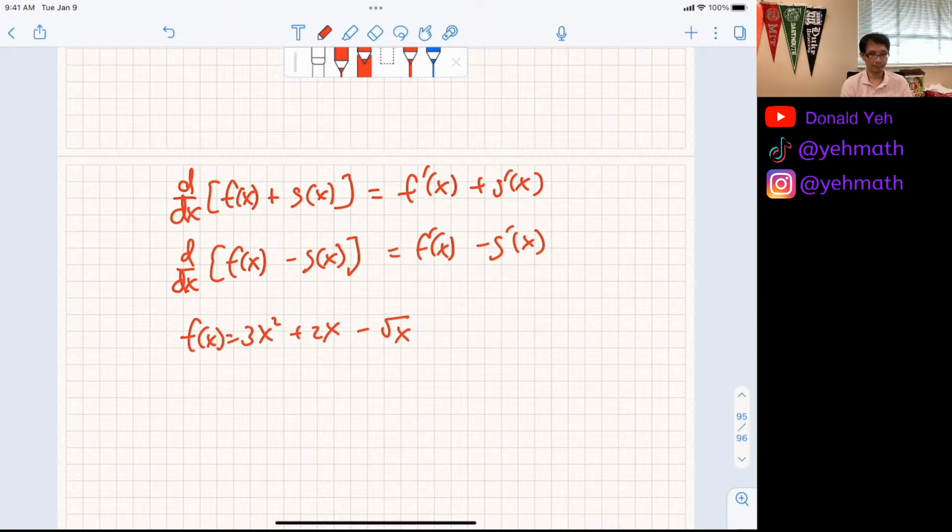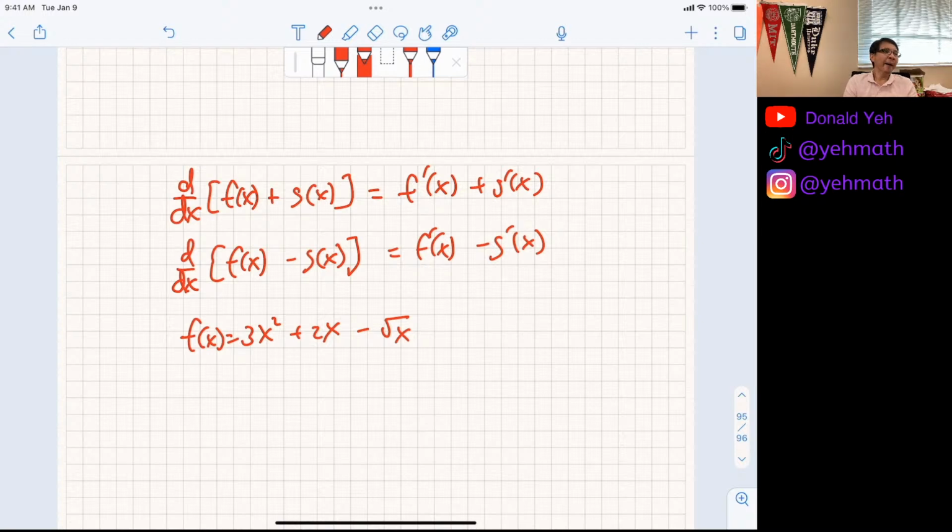2 over x? No, 2. One minus 1 is 0. x is to the 0 power, it was 1, so it's 2. Minus 1/2 x times negative 3 over 2.